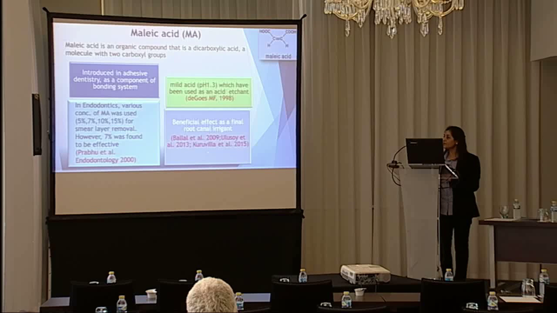However, 7% was found to be effective. With concentrations of 10 and 15%, it was found to be erosive to the root canal dentin. Studies by Ballal et al. and others have found a beneficial effect of 7% malic acid as a final root canal irrigant. To the best of our knowledge, 7% malic acid has not been used as a root conditioning agent in periodontics.